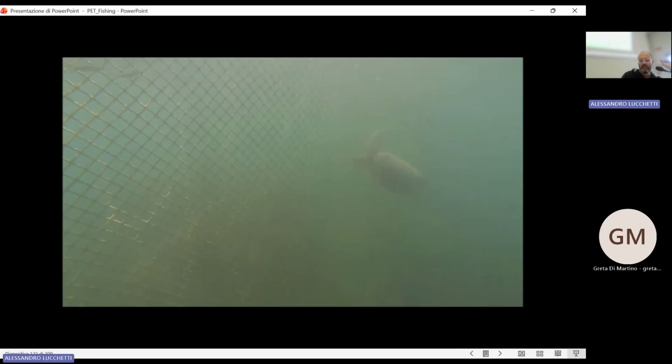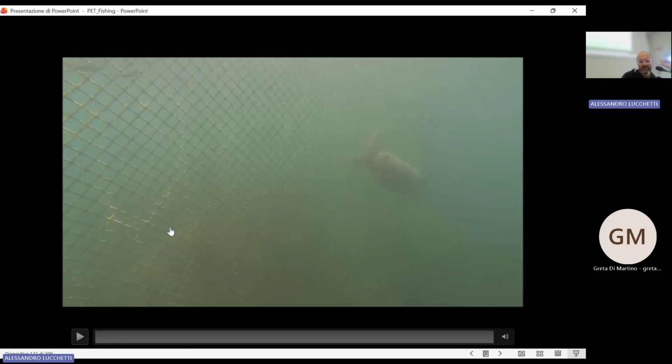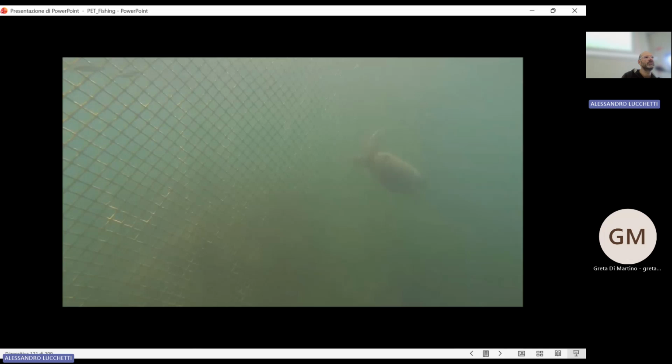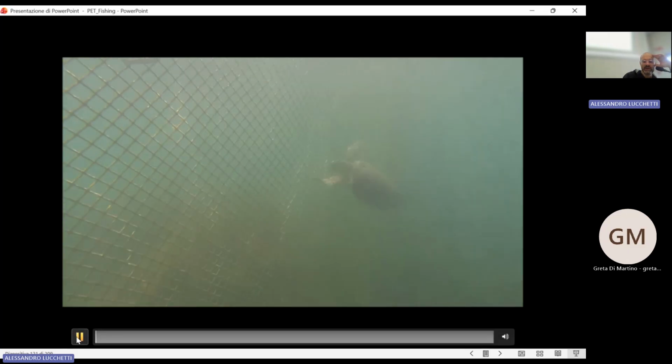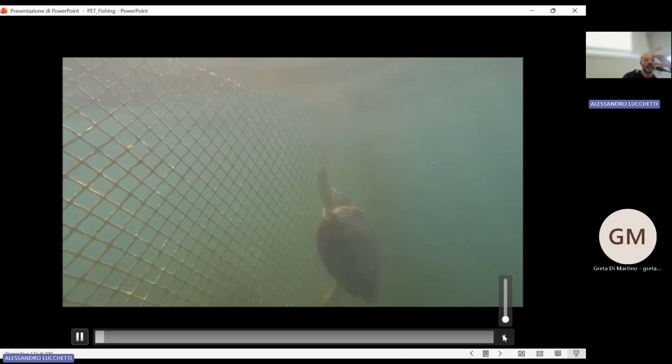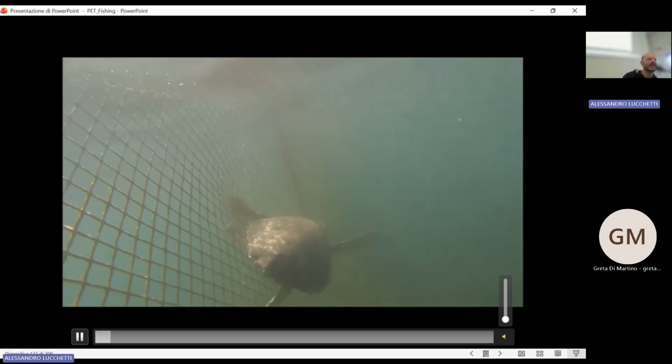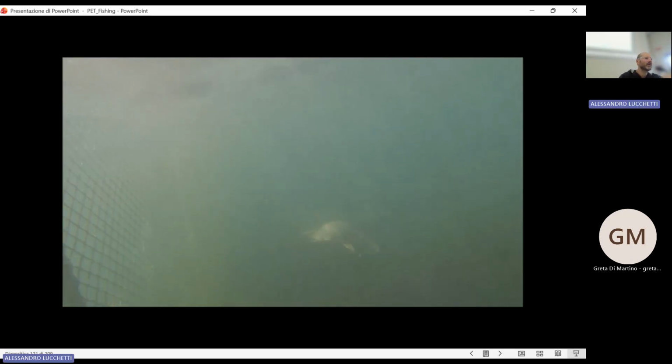Okay. I have this video, but it is not a fishing gear. This was a net that we used to encircle an area close to the coast. But this is just to show that if you use small meshes, the risk of entanglement is really low for turtles. It simply touches the net and swims away again.